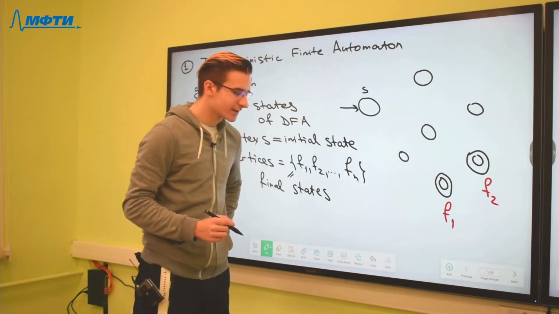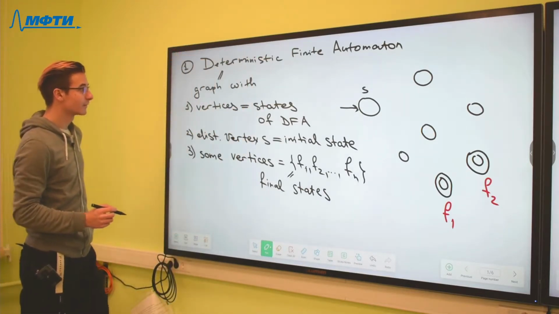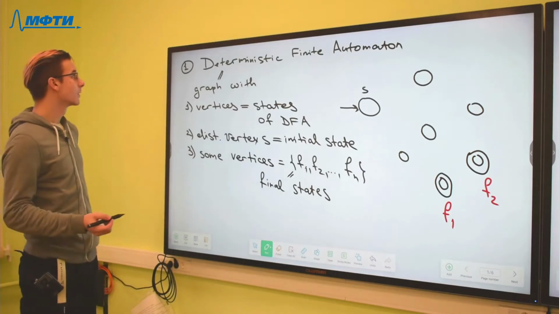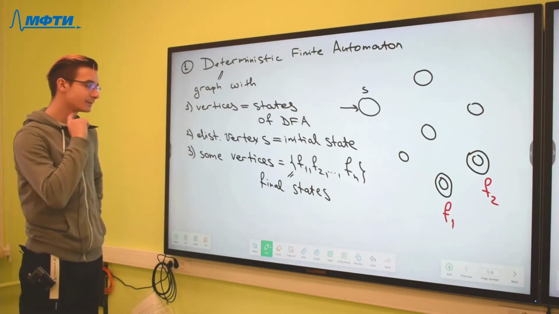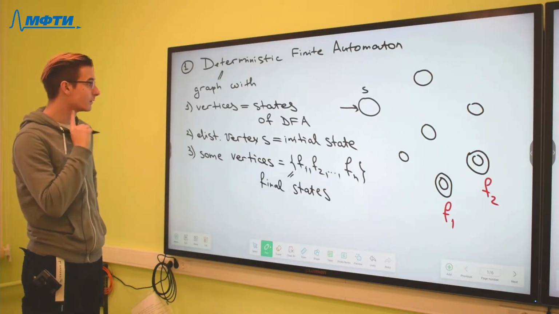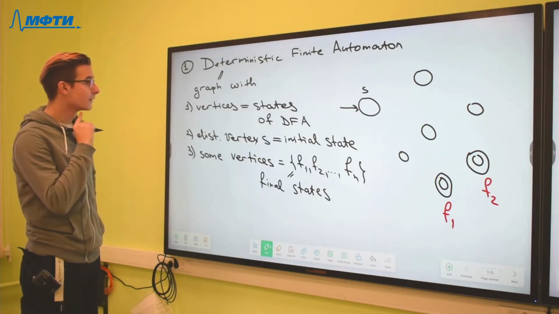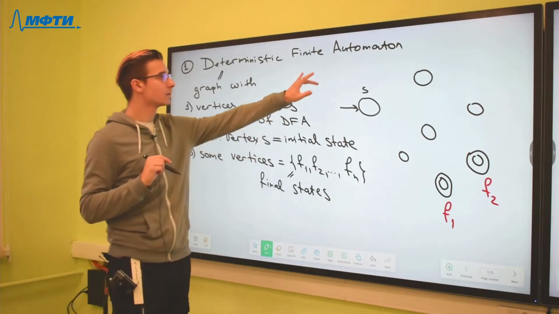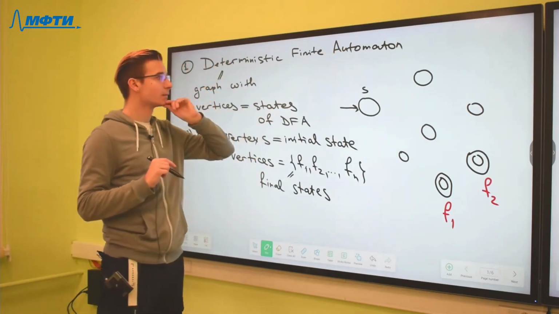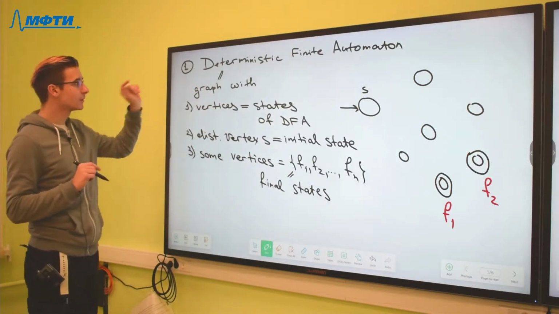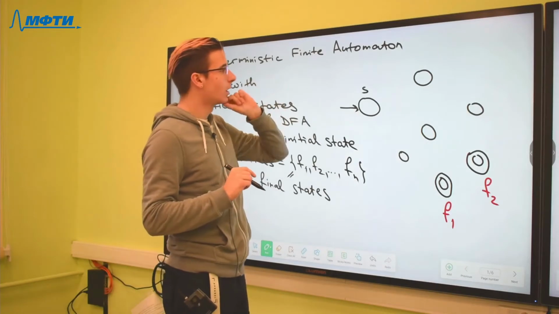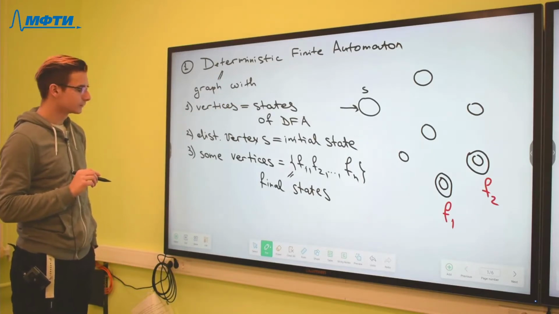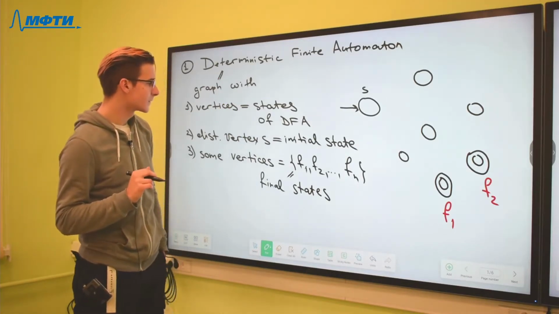And edges are the most important part of this graph, because if we define edges differently from what I now say, we can get different automata, for example, non-deterministic finite automaton, but not now. I think we talk about it in 15 minutes.